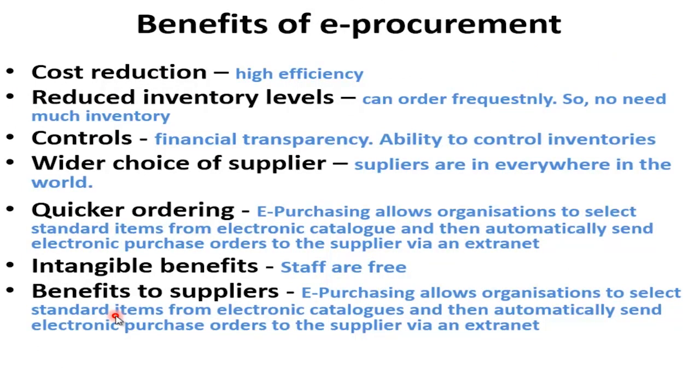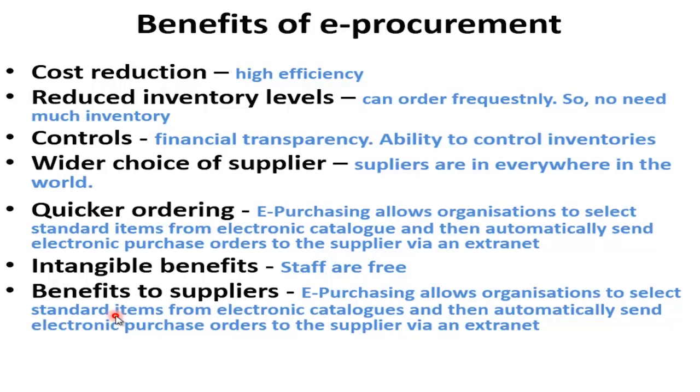Benefits of e-procurement: cost reduction, because of e-procurement cost can be reduced. High efficiency. Reduced inventory levels. As we said, at the right time we can order goods. Easy steps are there, so we don't need to keep many inventories, and the risk of keeping inventory is very high, and also we can reduce the inventory.